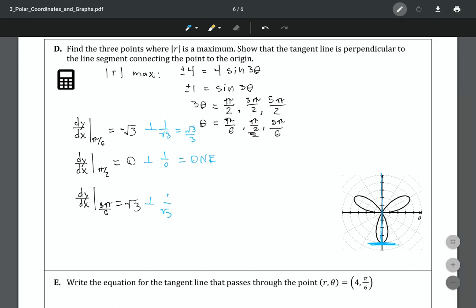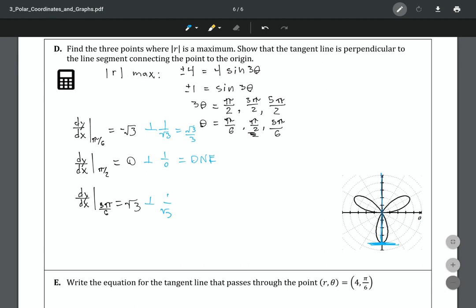Let's see, 5 pi over 6. Oh, yeah. Okay, never mind. 5 pi over 6, yeah.